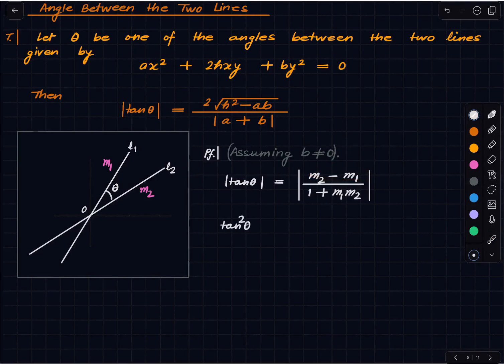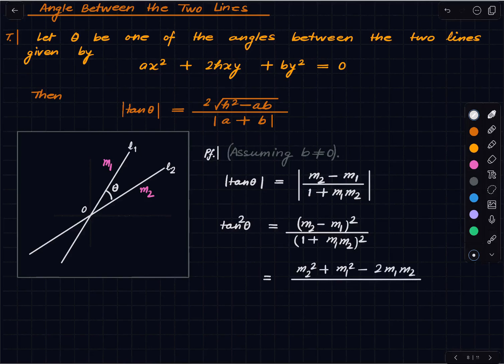So we have tan square theta is this thing, which is equal to that expression. And now the numerator can be written in this fashion.